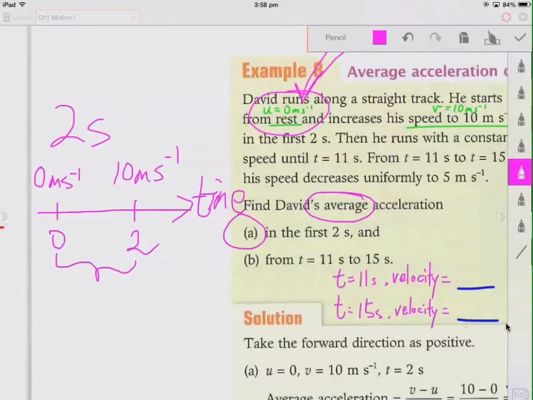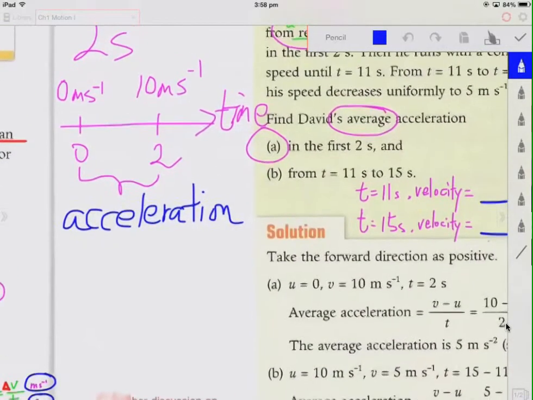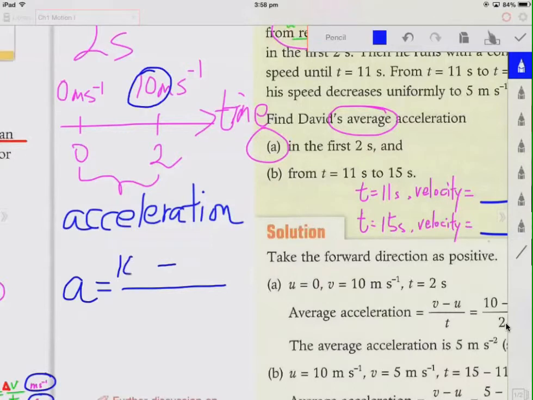So in these 2 seconds, he is undergoing acceleration, which means speeding up. And by the formula, acceleration in the first 2 seconds, a equals the final velocity, which is 10, minus the initial velocity. This is v, this is u.